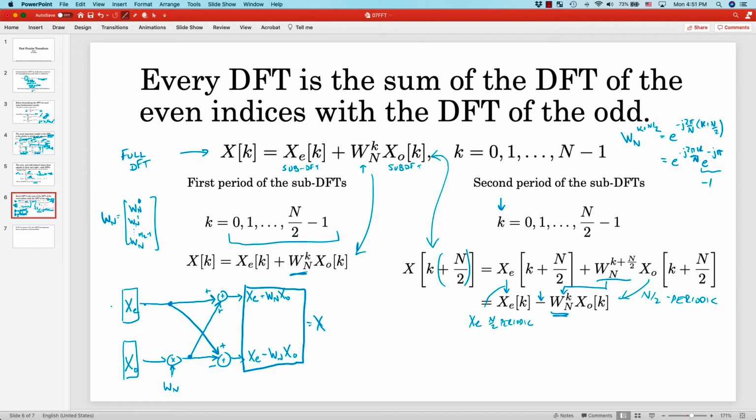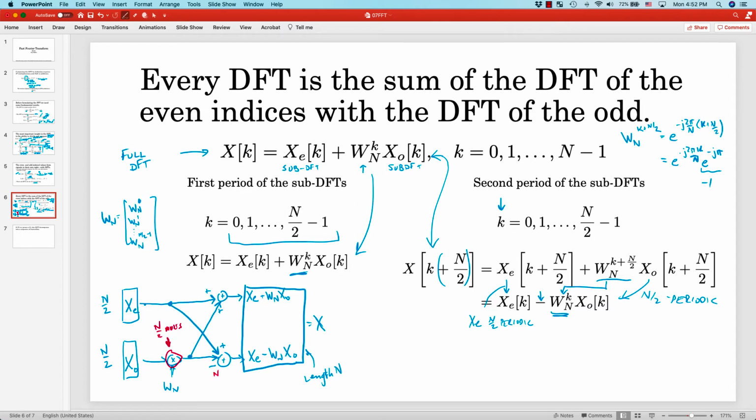Okay, so again, this is length N over 2. This is length N over 2. And this one is length N, because we're gluing two things that are length N over 2 together. Let's compare operations here, shall we? Here, there are N over 2 multiplies, because these vectors are both N over 2 long.